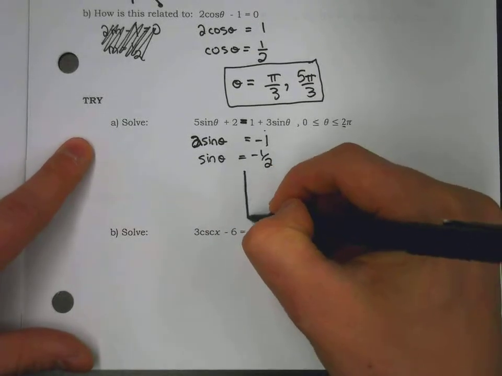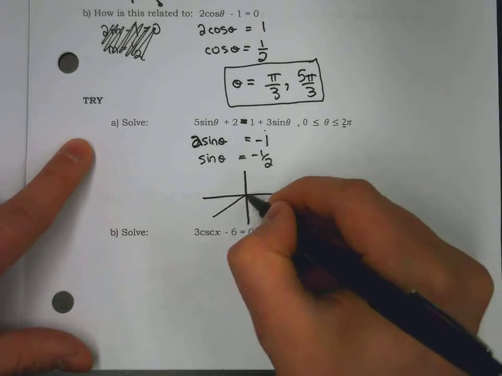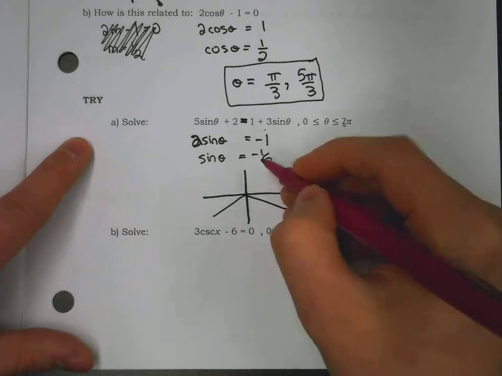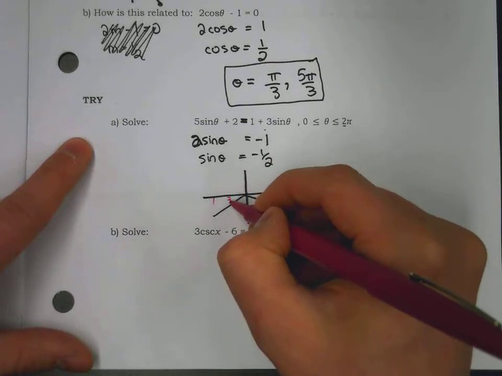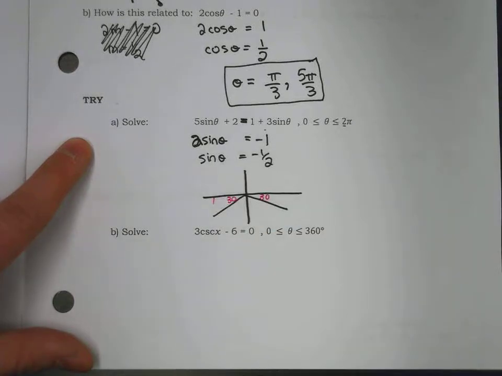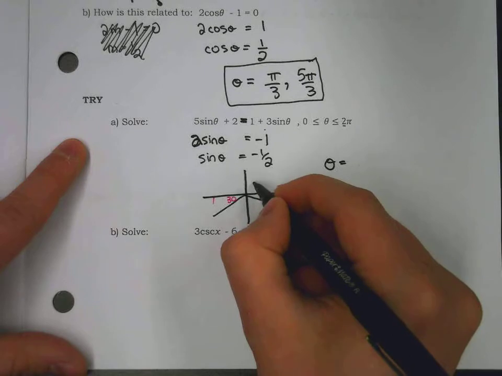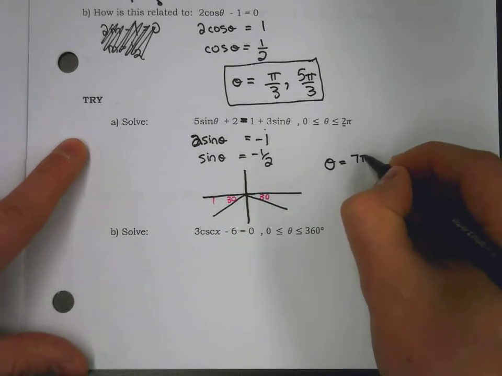So we first ask, where is sine negative? And this is in the bottom two quadrants, 3 and 4. Sine, being the small value, is at 30 degrees, pi over 6. We answer in radians as not 6 pi over 6, but 7 pi over 6 as our first answer.